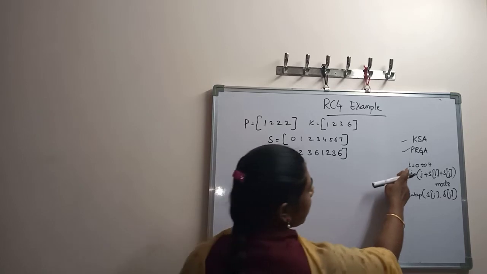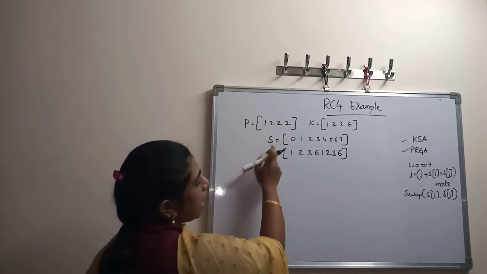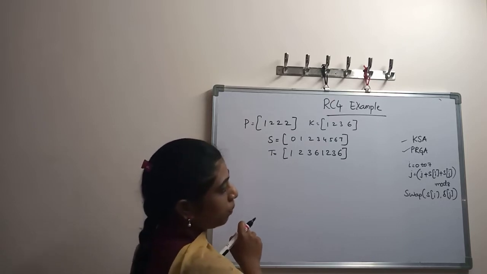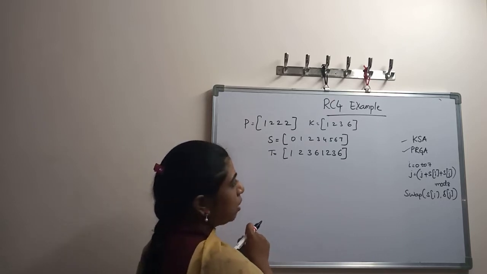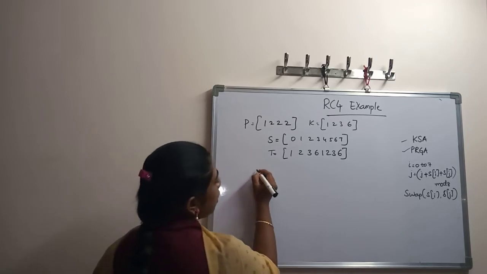Since we initialize the I value to 0, here we take the S values, and the J values will be represented using the temporary vector. Now let us do the values.